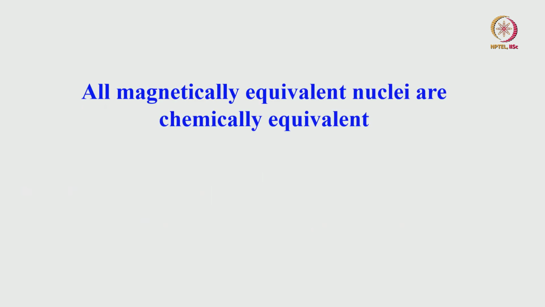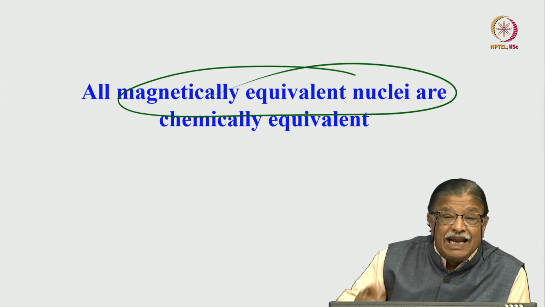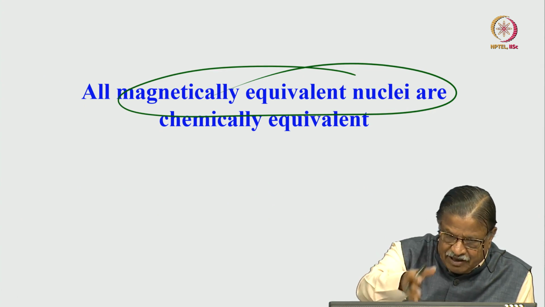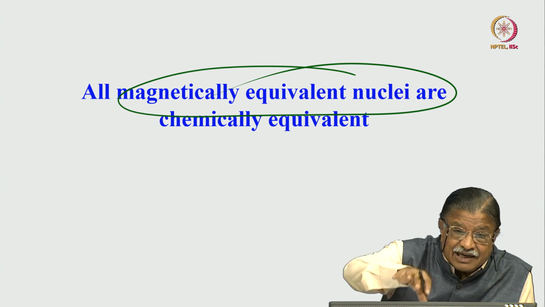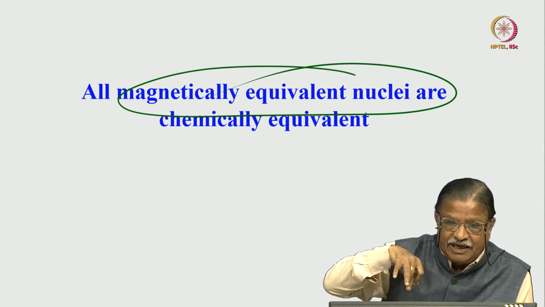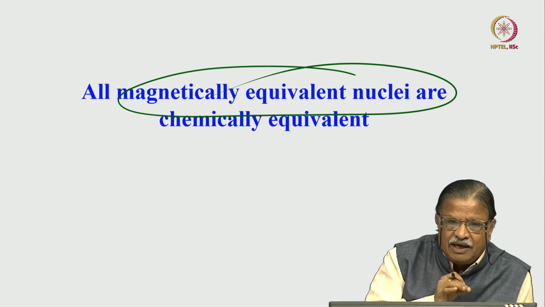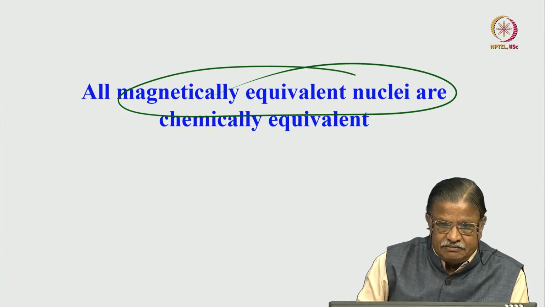Now you can understand the statement. All magnetically equivalent nuclei are invariably chemically equivalent, because the chemical shift being identical we already discussed, and at the same time we have brought in another condition, J coupling being identical. So that means all magnetically equivalent nuclei must be chemically equivalent.